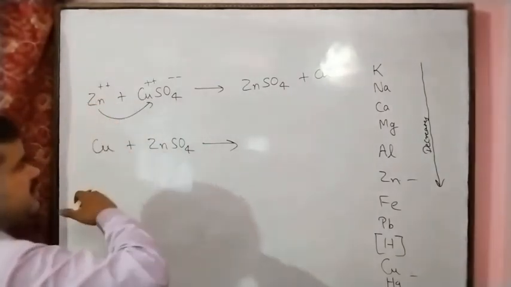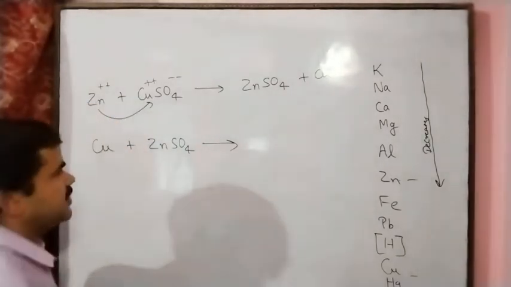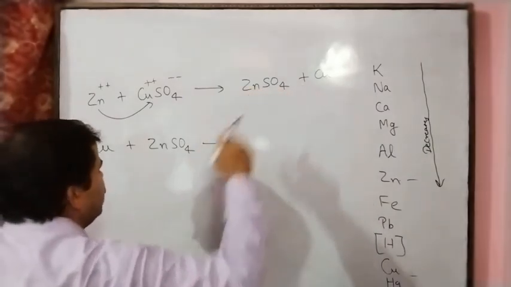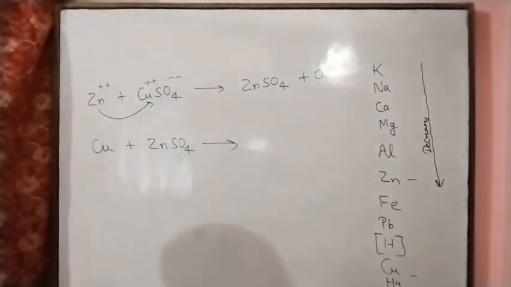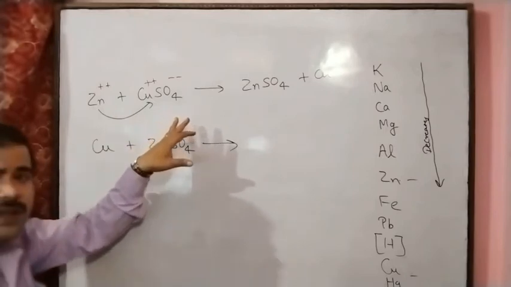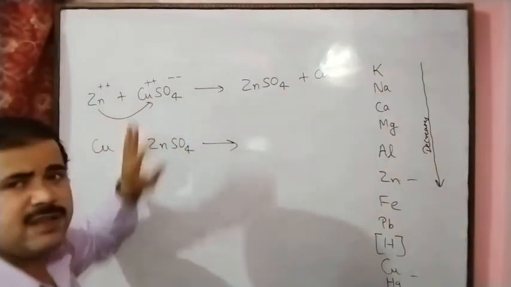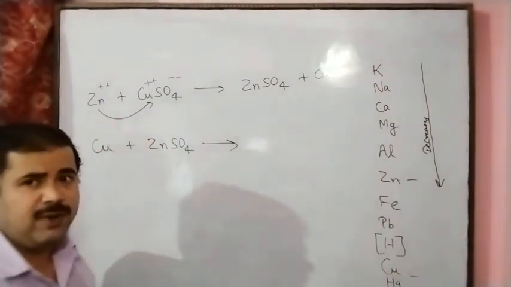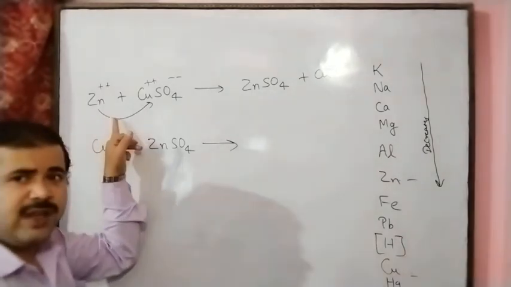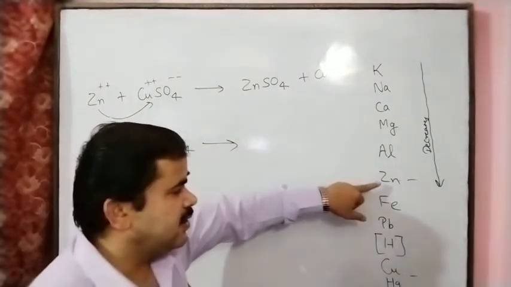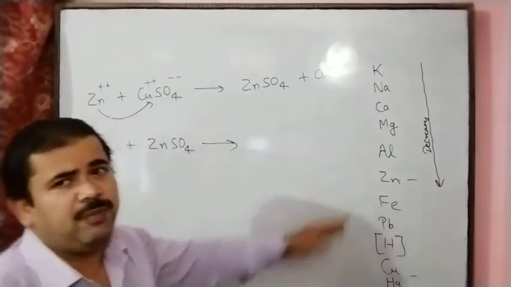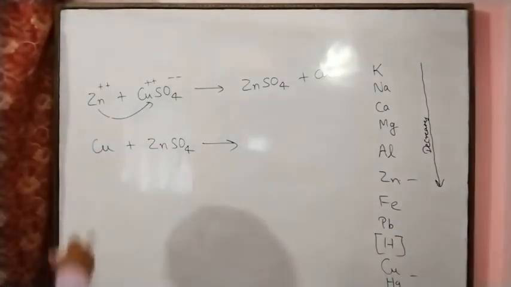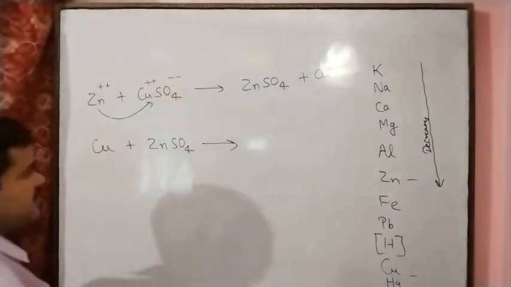Zinc easily displaces copper from copper sulfate and we get ZnSO4 and Cu. This is an example of a displacement reaction, because zinc is the superior element, placed above copper, so zinc displaces copper from copper sulfate.